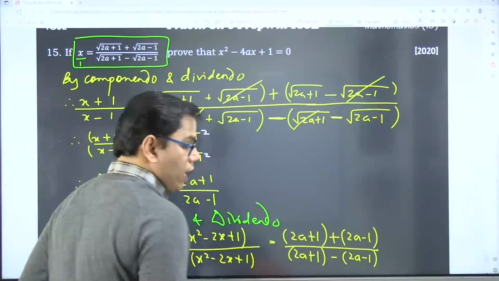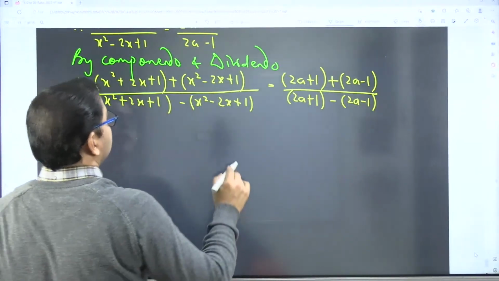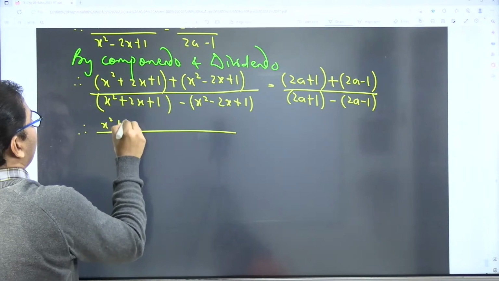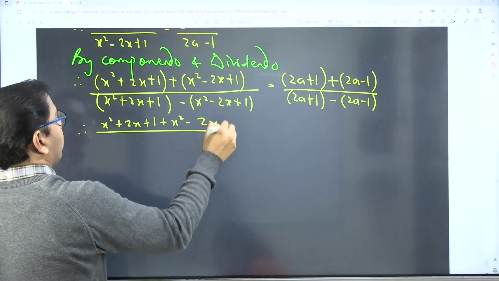I told you, the 2020 paper was very challenging. See here, when I open the bracket, x square plus 2x plus 1 plus x square minus 2x plus 1.